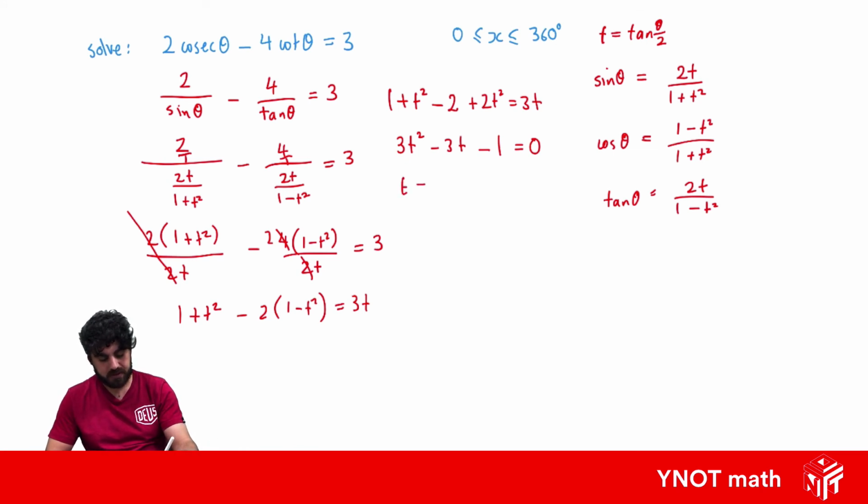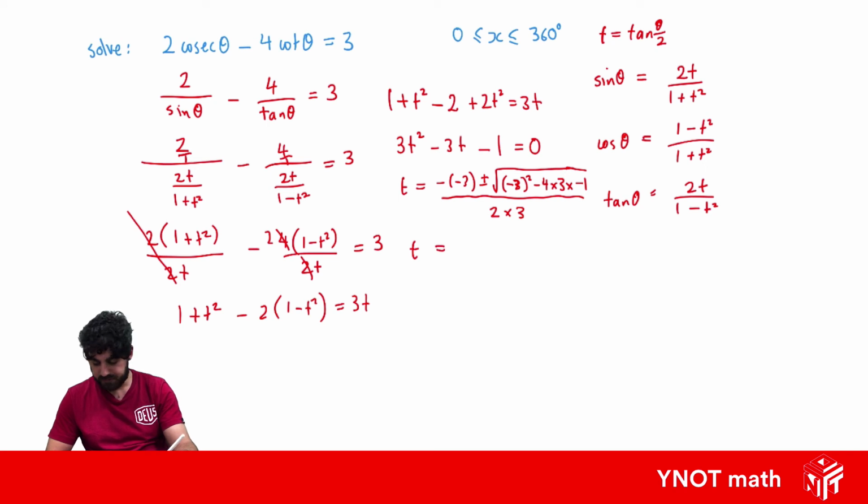So we're going to get t equals minus b, so minus 3, plus or minus the square root of minus 3 squared, so b squared, minus 4 times a, which is 3, times c, which is negative 1, all over 2a, so 2 times 3.